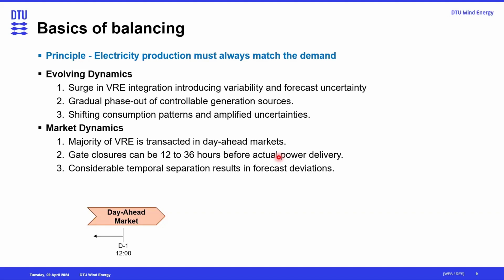So the basics of balancing is that electricity production must always match the demand, and that's because storage is neither economical at large scale nor logical, since if you can generate the electricity as it is required by the demand, then you should do that, right?